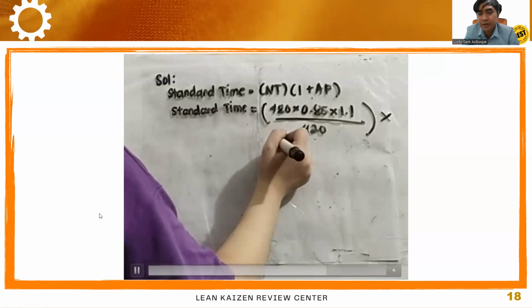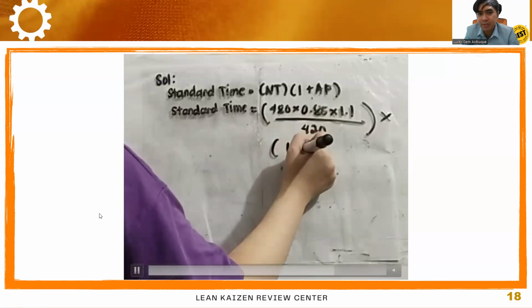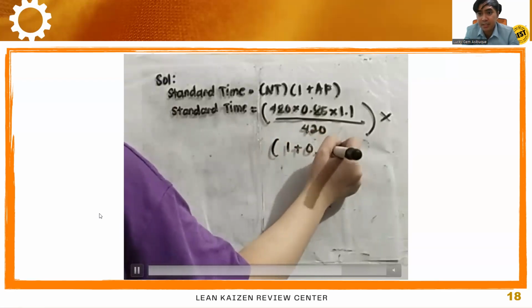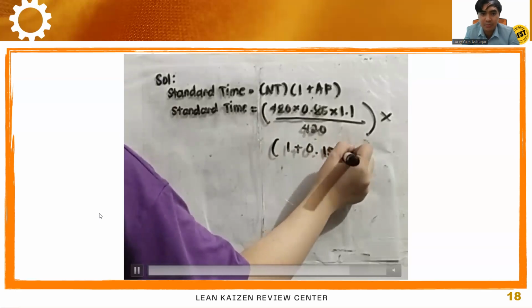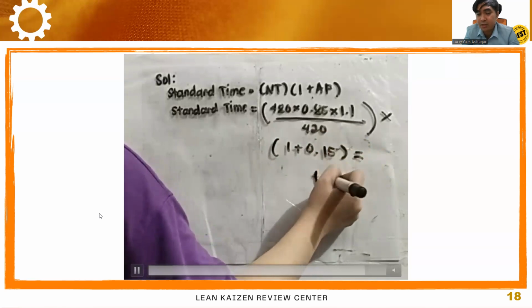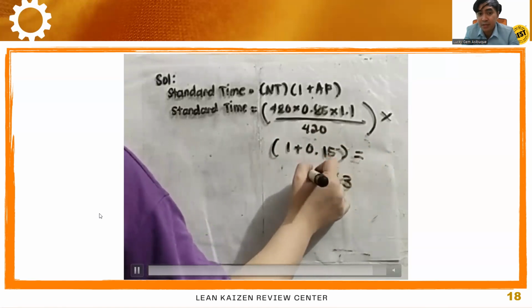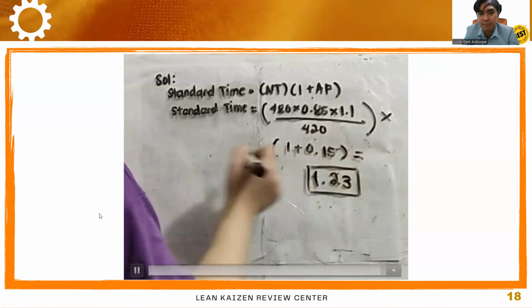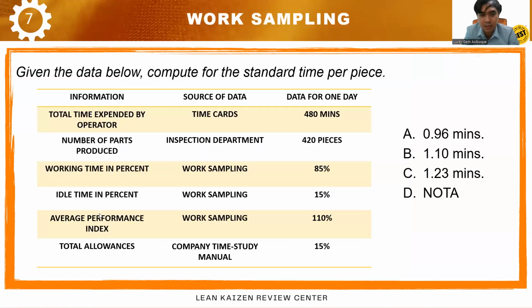Over the per piece. What is per piece? 420 pieces that is produced. Multiply by 1 plus the allowance factor of 15%, so that is why it is 0.15 here. So we got 1.23. Okay, so let's see if 1.23 is the answer. Yes, correct. 1.23 minutes is the standard time per piece here. Okay, so next problem.